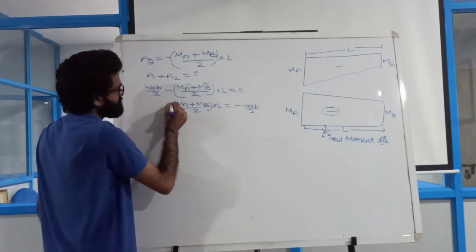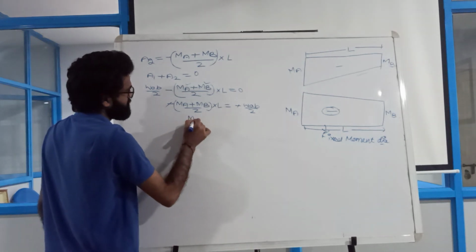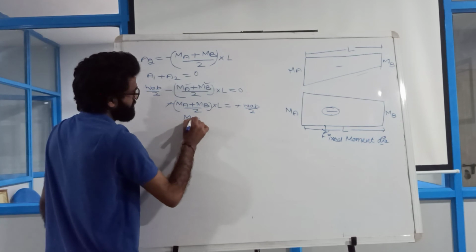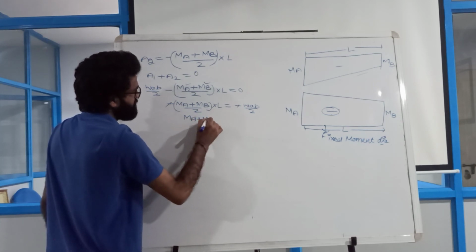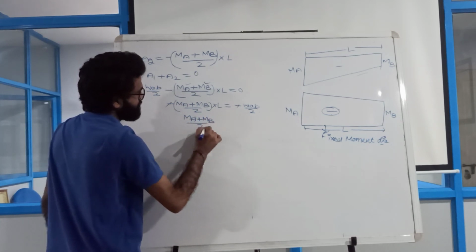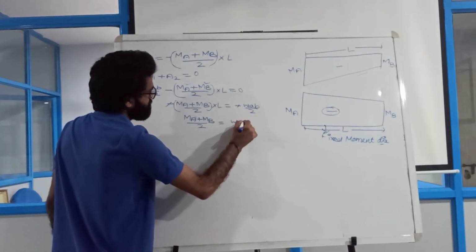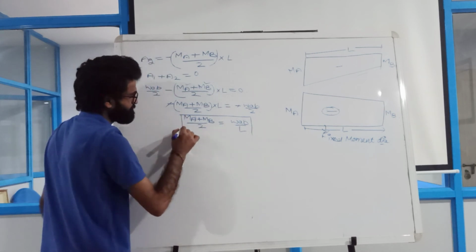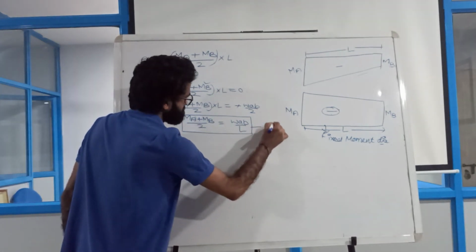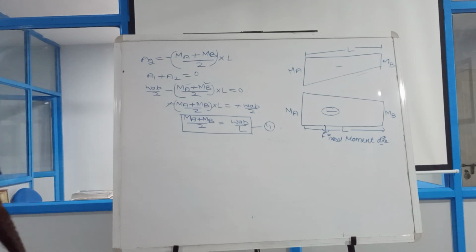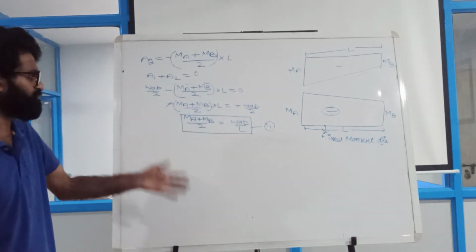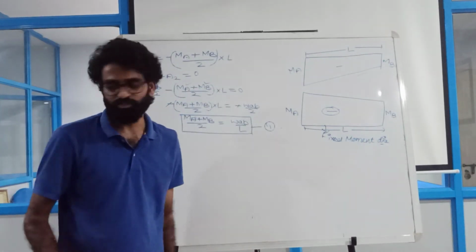The minus signs cancel, and this becomes MA plus MB divided by 2 is equal to WAB divided by L. So I got one value. Let us say this is equation number 1. Up to here I got the MA value, but still I am not getting the MA and MB values, so I still need to solve it more.